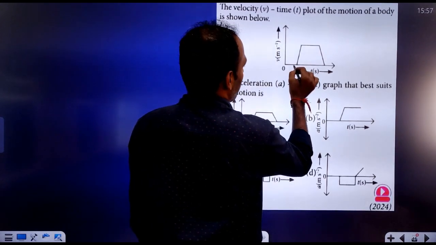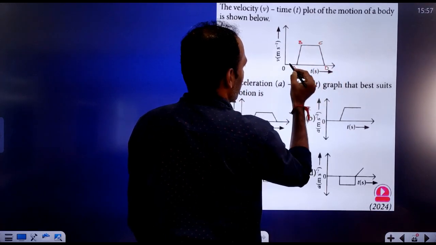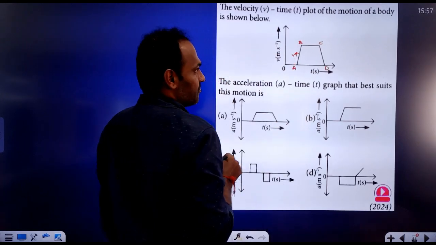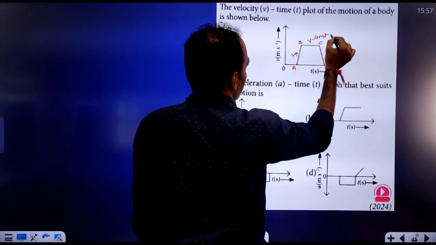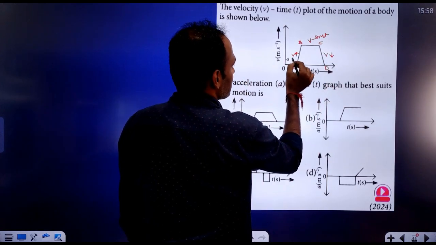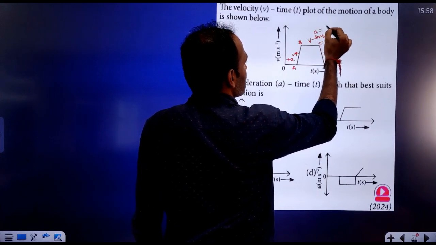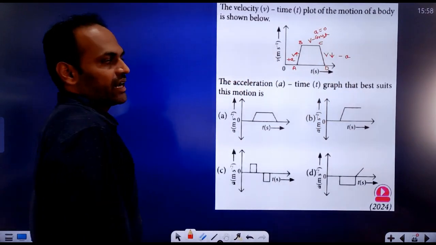I will name the points as A, B, C and D. From A to B, what is happening to the velocity? Velocity is increasing. From B to C, velocity is constant. From C to D, velocity is decreasing. If velocity is increasing, then acceleration will be positive. If velocity is constant, then acceleration will be zero. If velocity is decreasing, then acceleration will be negative.